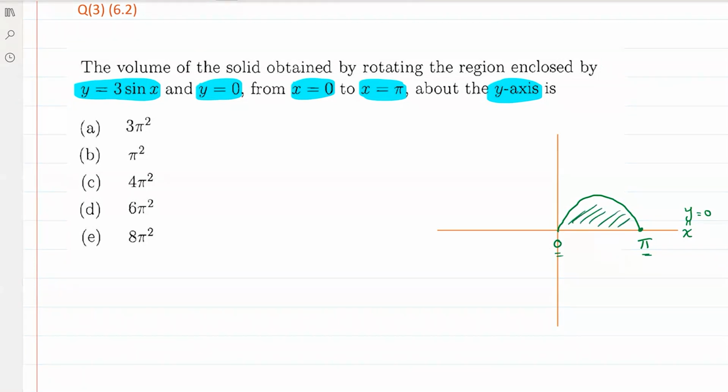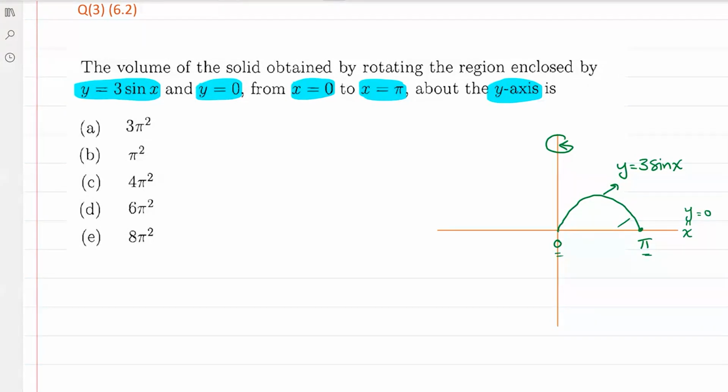Now, note that, guys, he wants us to find the volume of this region if it's revolved about the y-axis. Everything here is written, Omar, in terms of x. You have the function y equals 3 sine x, and the limit from 0 to pi is the limit of x, but he needs us to find the revolution across the y-axis.